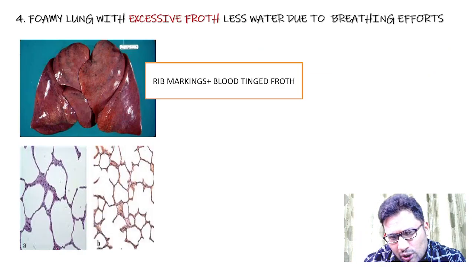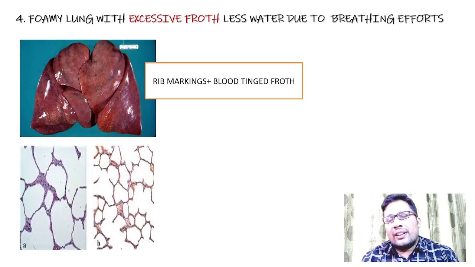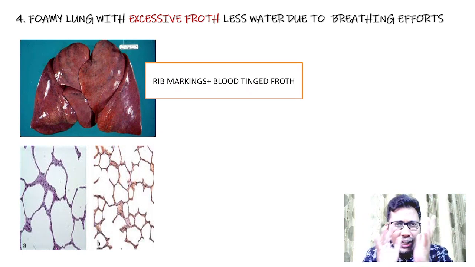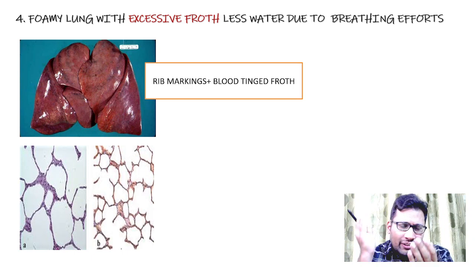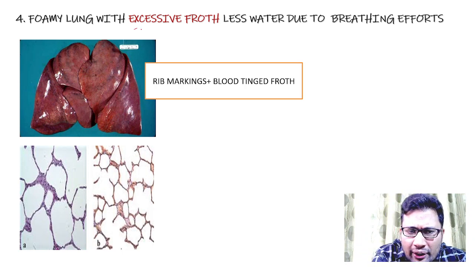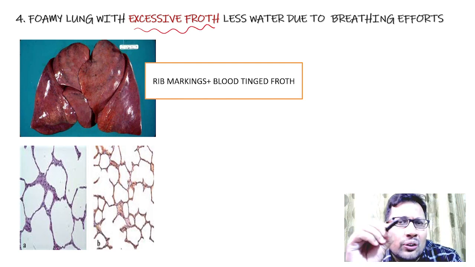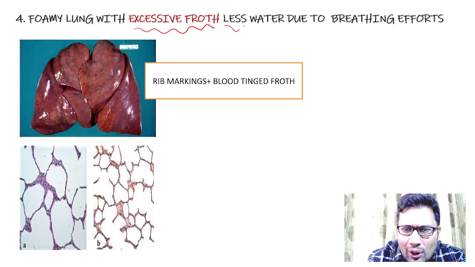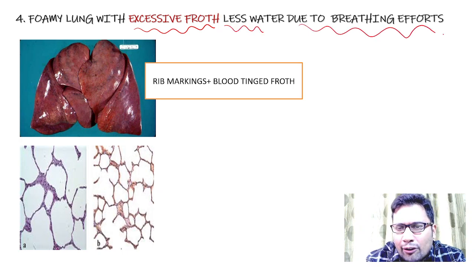Okay, yes. The fourth one is very commonly asked. You can see a dilated lung here, and we can see the rib markings. Whenever you see rib markings, and the question mentions blood tinged froth, foamy lung with excessive froth, less water, there is more and more froth. Froth is nothing but surfactant along with mucus. Less water due to breathing effort.